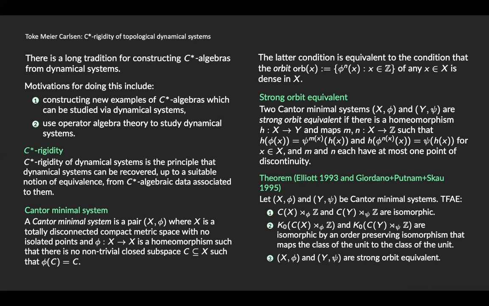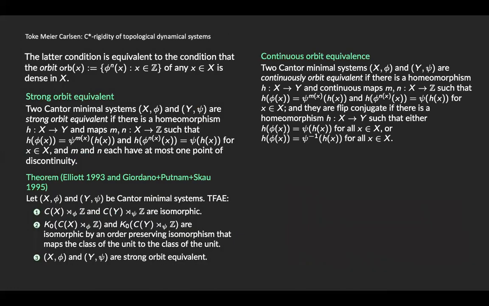Okay, so as I said, often you will require more than just the C-star algebra to recover a dynamical system. An example of this also comes from Giordano, Putnam, and Skau. They were able to also recover Cantor minimal systems up to continuous orbit equivalence.